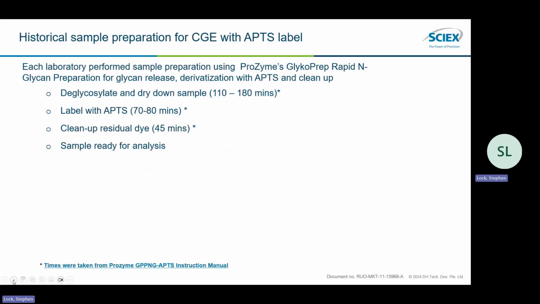The labeling reaction typically takes 70 to 80 minutes in the classical kit. This is taken from the ProZyme instruction manual, a similar reference to one I've already mentioned. Then you clean up and remove the residual dye, and then comes the sample analysis. Typically, you're talking a couple of hours for this classical derivatization method.